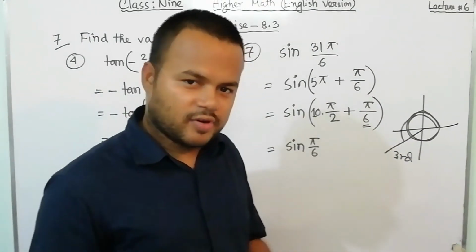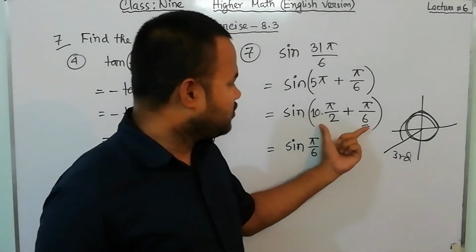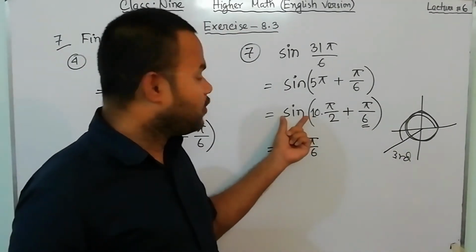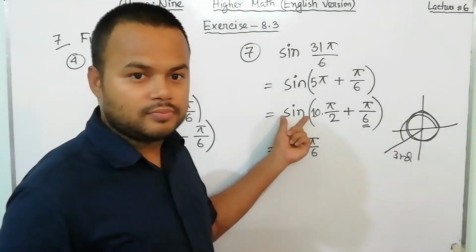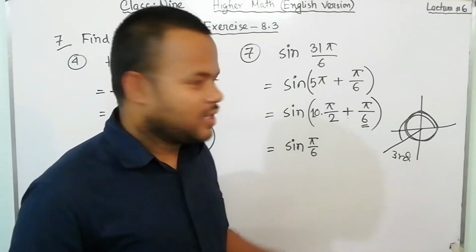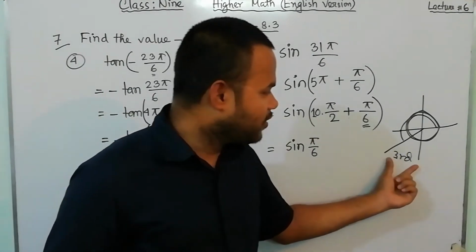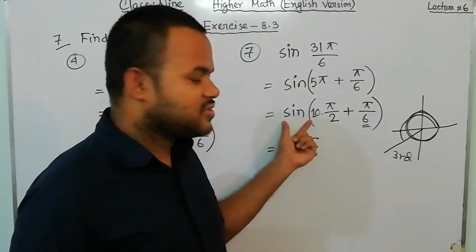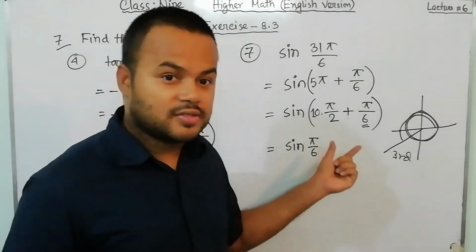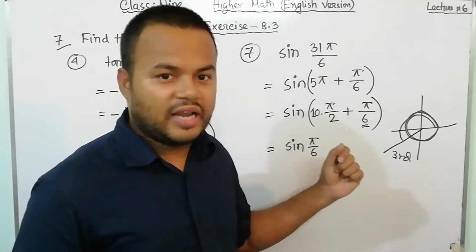I hope all of you have understood this. Here the angle lies in the third quadrant. Now we are determining the value for sine. We already know from our previous lecture that in third quadrant the sign of sine is negative.